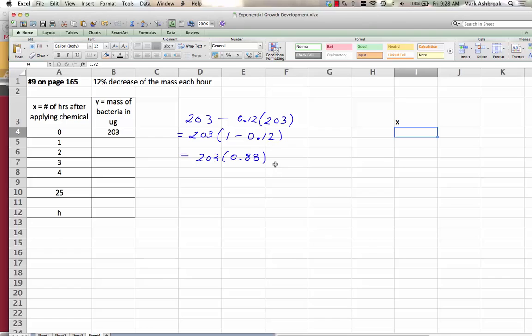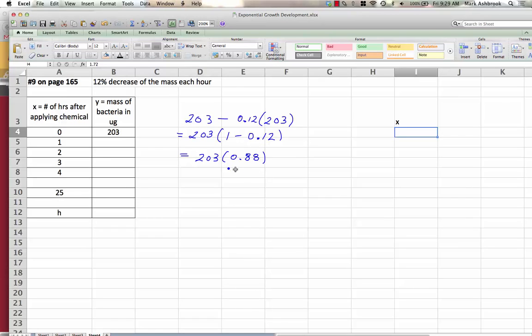So actually, this is decay because the amount is going down. This is a little trickier than increase, because when I look at this 0.88, I can't just point at the 1 and say that's what I had before, and the other stuff is the amount of increase. I'd have to come back to this step and say, here's my amount from before, the 1, and here's how much is going down.